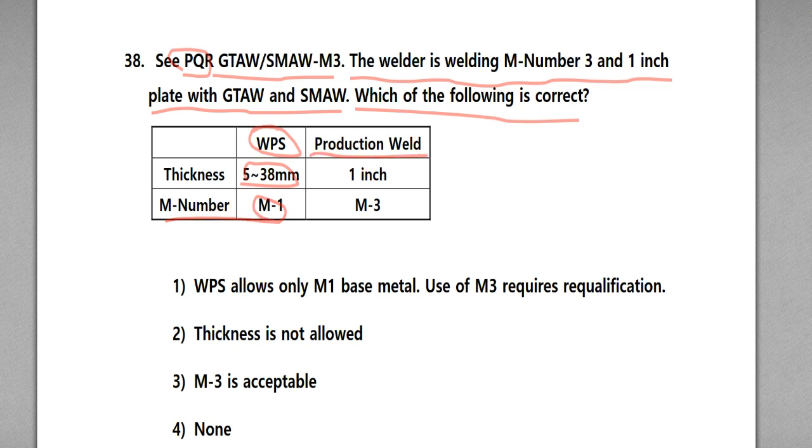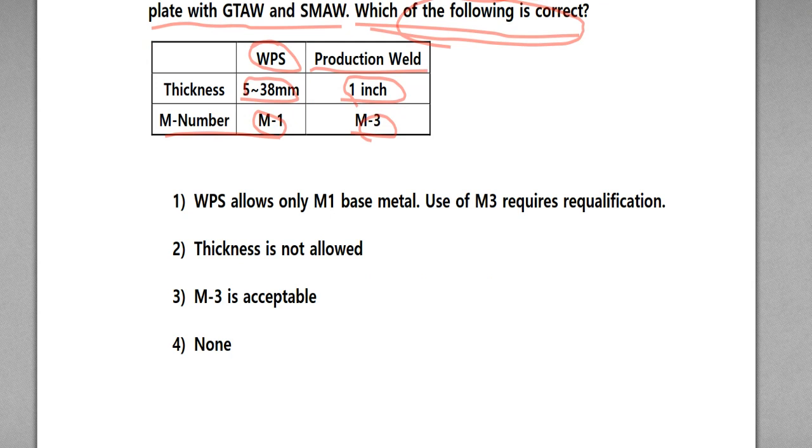In production welding, the welder is going to use 1 inch, which is 25.4 millimeter, and M number 3. Which of the following is correct? Number 1: WPS allows only M1 base metal. Use of M3 requires requalification.